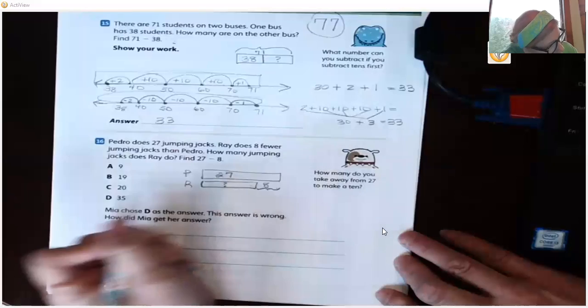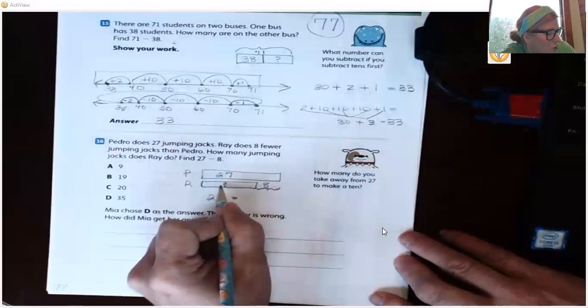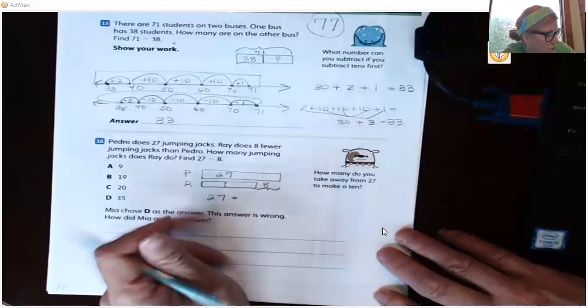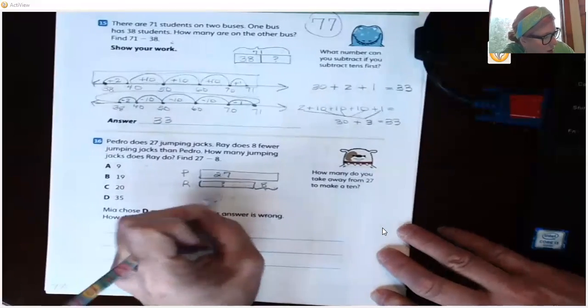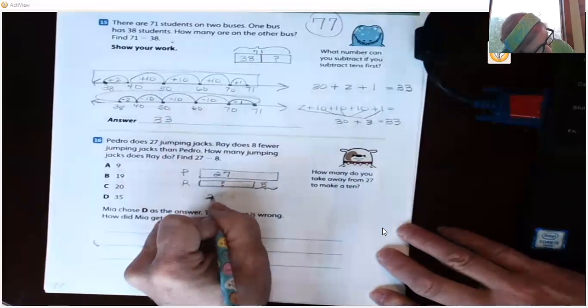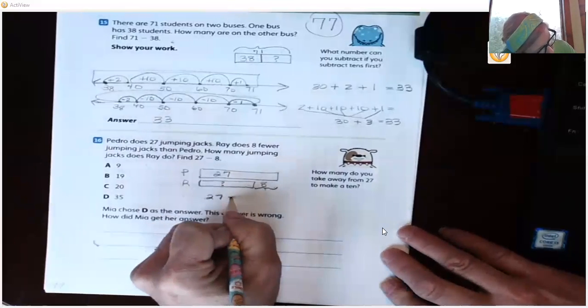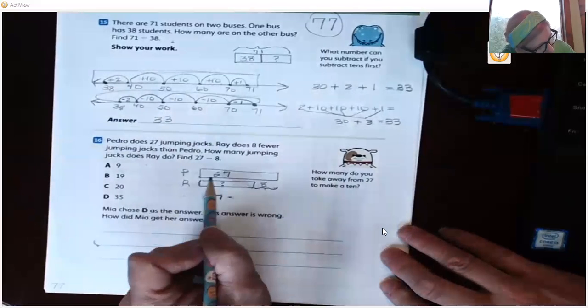So Ray's amount, Pedro's amount rather, is equal to 27. Well, Pedro's is 27.